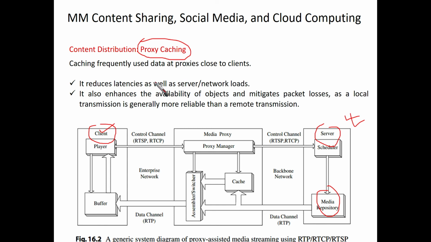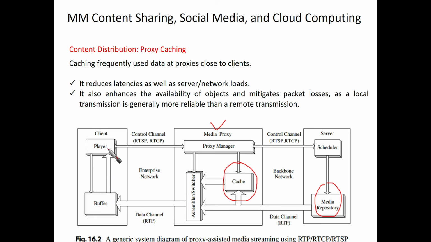What proxy caching does is place a proxy server between the server and the client. The server has the media repository, and this proxy server has some sort of cache.